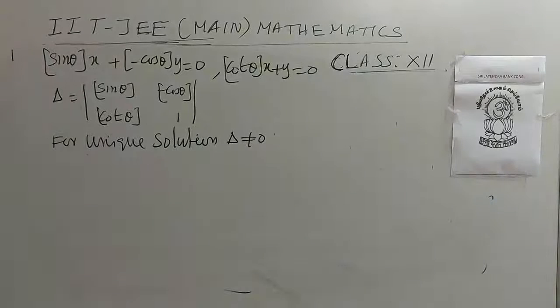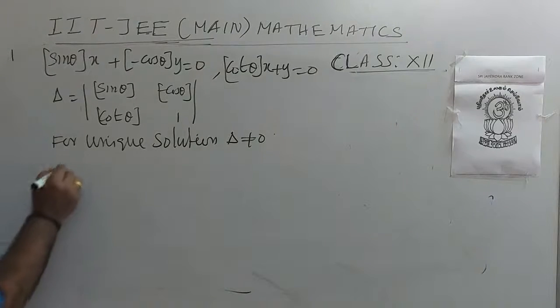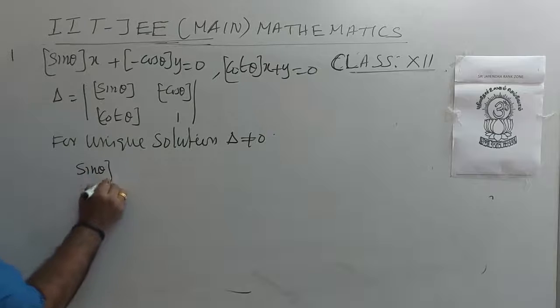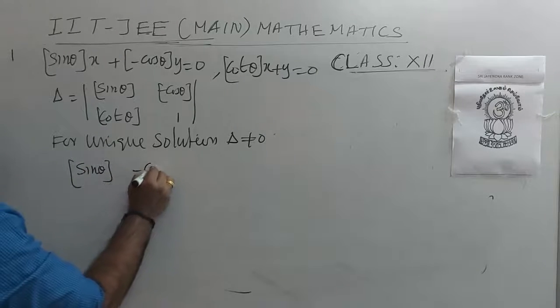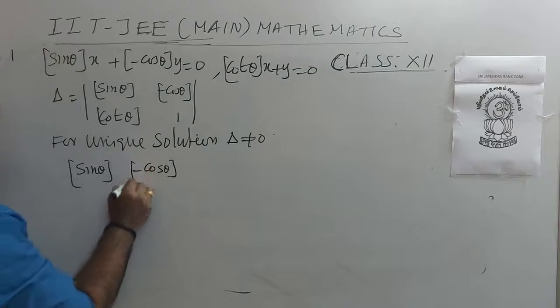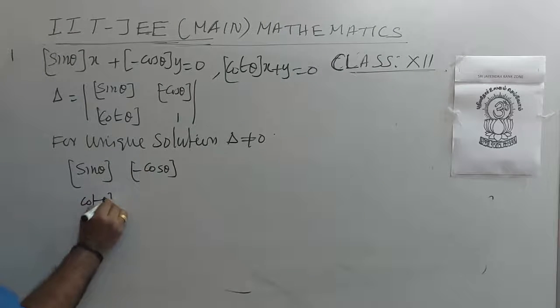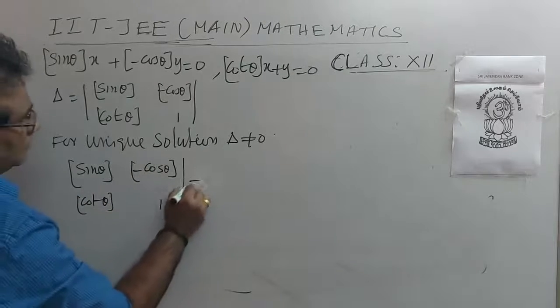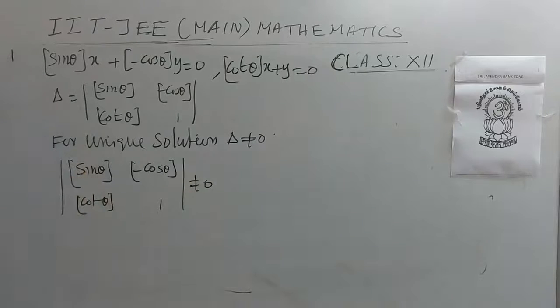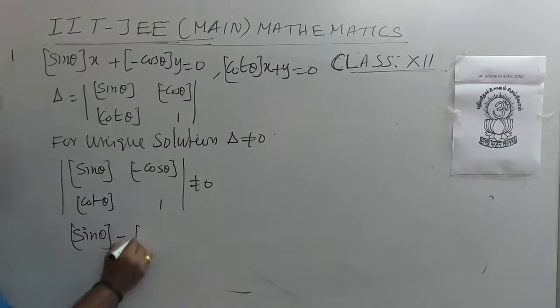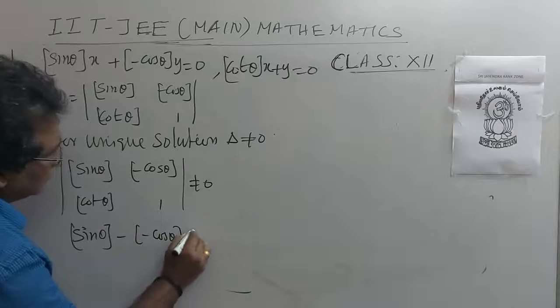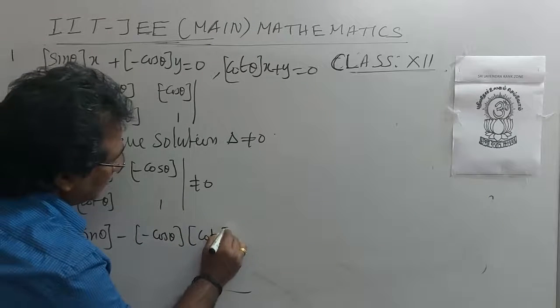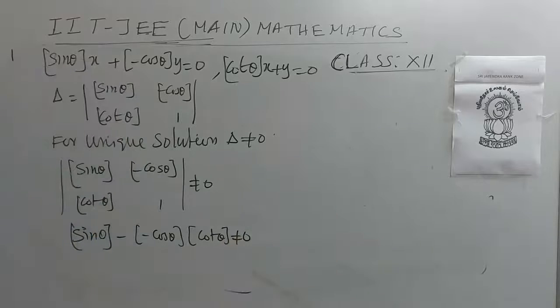For a unique solution, delta is not equal to 0. So the expansion is not equal to 0.